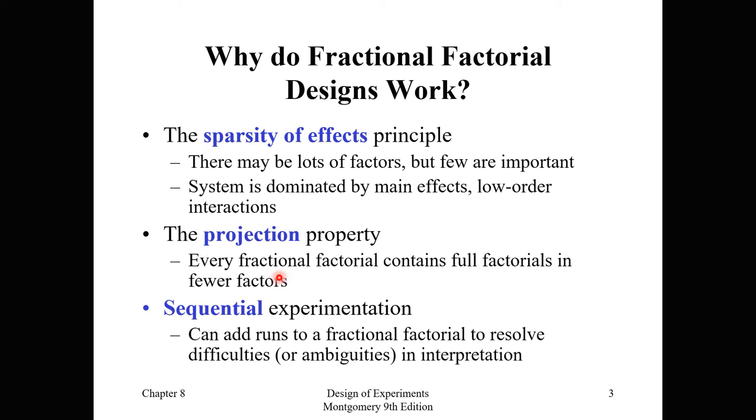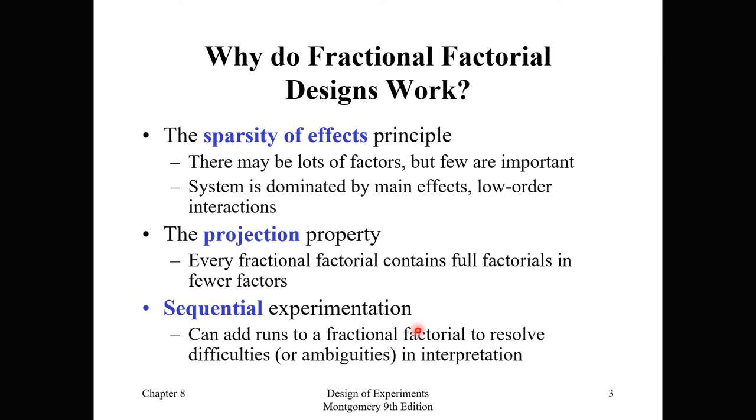Another piece of this, leading into sequential experimentation, is that if we design this in a systematic way, we can flip the system back around. So let's say we ran it with half the runs. We can run the other half of the runs, and that would give us a full factorial design, again, just by flipping the system by which we chose our runs around. Of course, in sequential experimentation, we could always turn these into a full factorial just by running the opposite.